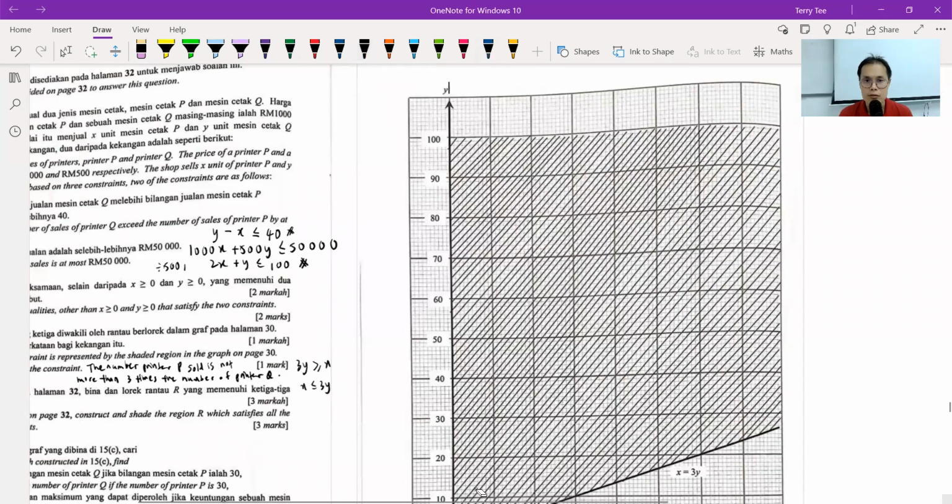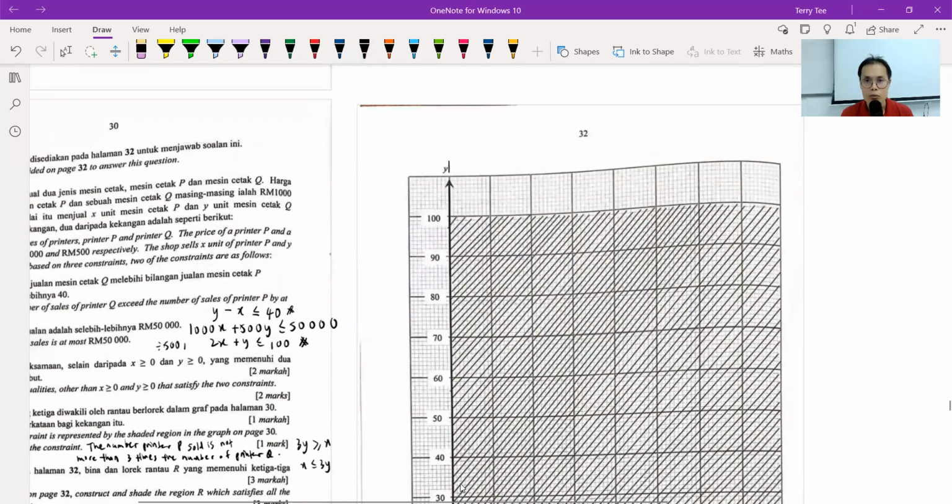The first graph is y minus x equals 40. Let's use two x and y values. When x is 0, y is 40. When x is 20, 20 plus 40, y is 60. We just need two points to draw a straight line.